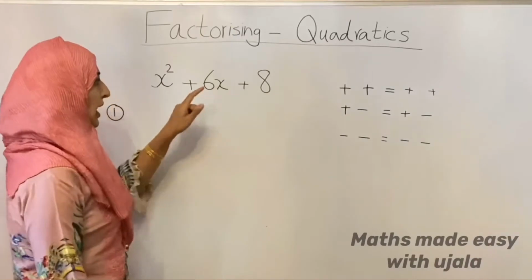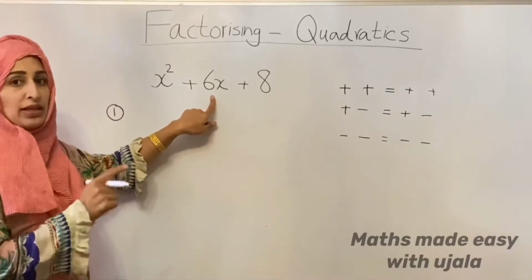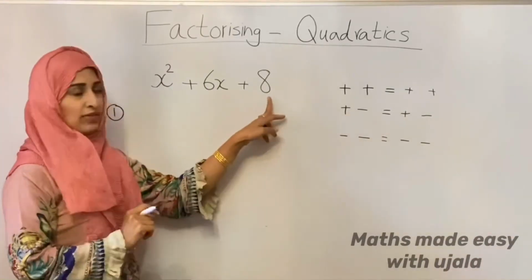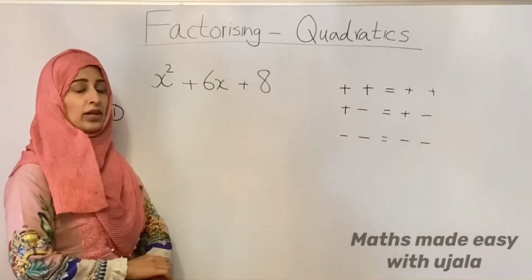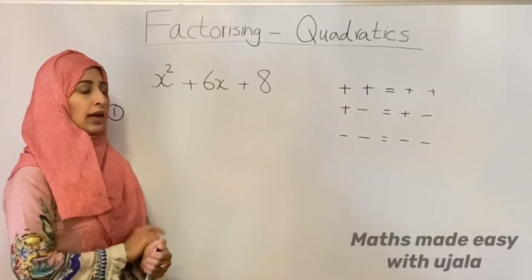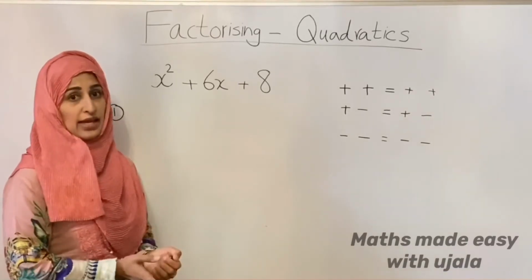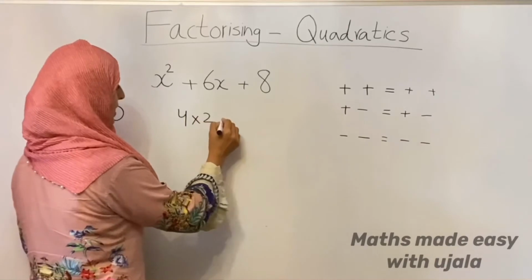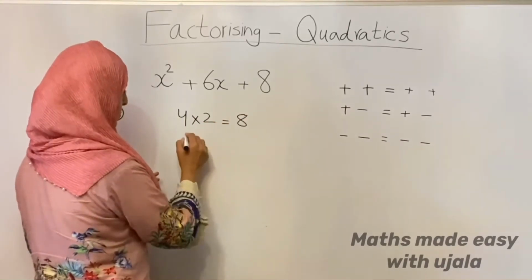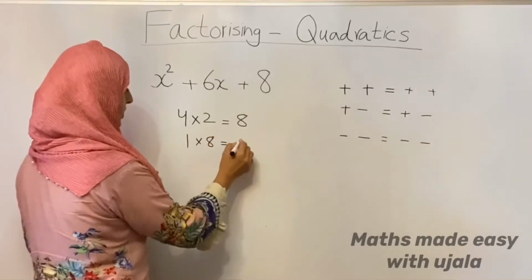But if you add them, the answer should be 6. What are the factors of 8? 2 times 4 is 8. 8 times 1 is 8. 4 times 2 is 8. And 1 times 8 is 8.